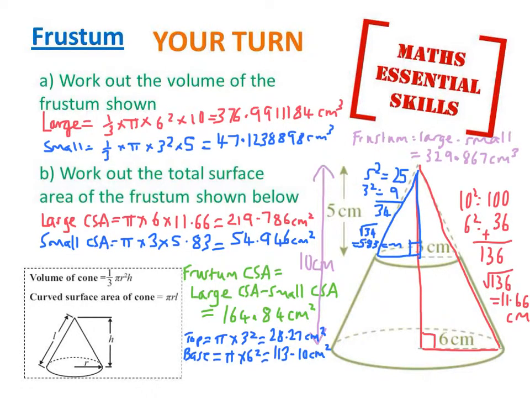My answer for the total surface area will be the curved surface area of the frustum, add the top circle, shown here, add the bottom circle, shown here, which gives me an answer of 306.21 centimetres squared. Now that's a lot of working out for that question, and I wouldn't particularly expect all of that to appear on the paper, but certainly the methodology and the logic behind it applies to any type of question.